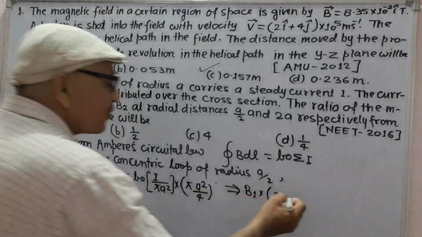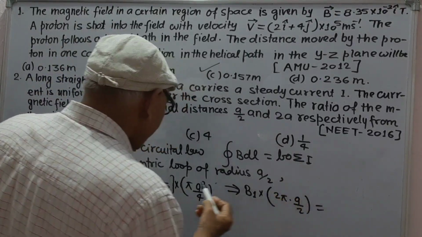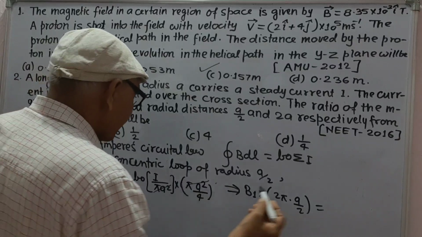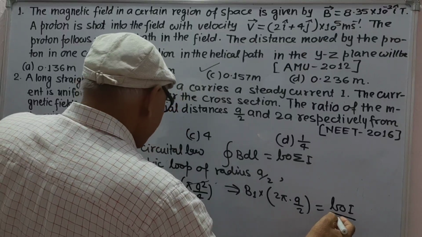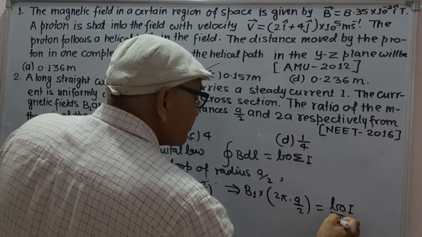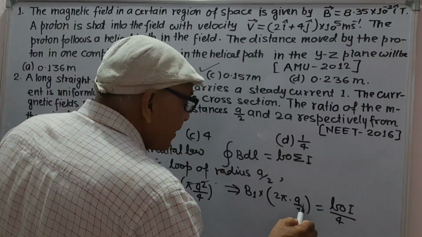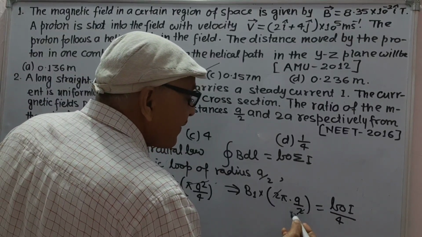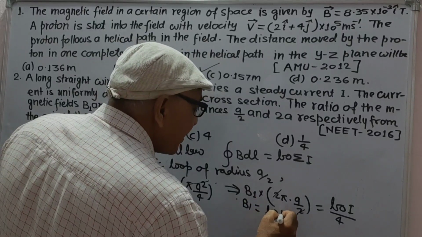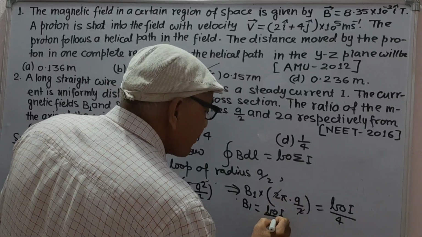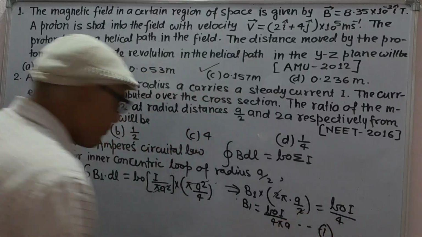So, B1 into 2 pi a by 2 will be equal to, pi a square cancels out, mu naught I upon 4. Here 2 also cancels out, so B1 will be equal to mu naught I upon 4 pi a. Suppose this is equation 1.